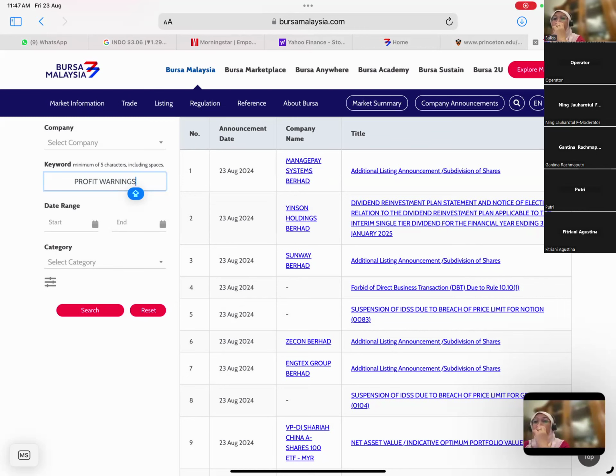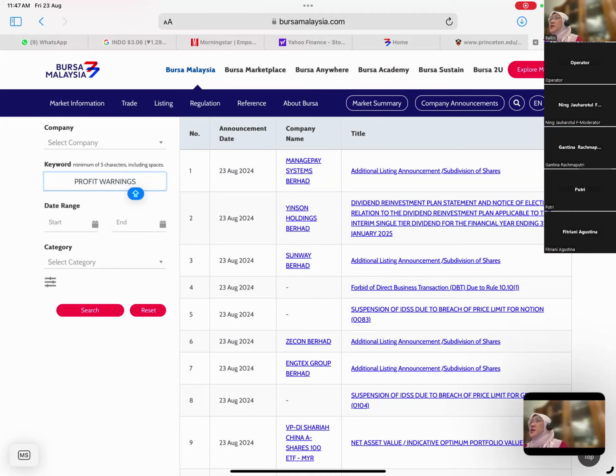So that is, profit warnings is the dependent variable. So profit warning depends on what? Depends on the size of the company, depends on the sales of the company, depends on other firm characteristics, for example total asset, or depends on the auditors, whether they have the top 5 auditors or not, or also depends on the type of shareholders.